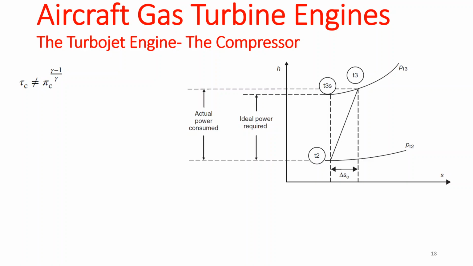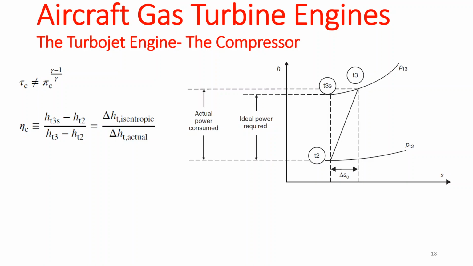Okay, so how do we calculate the efficiency here, based on what you see? Exactly, it's going to be the same thing as the last time. So you're going to have your isentropic versus your actual.